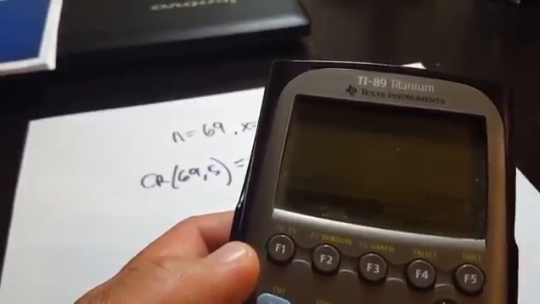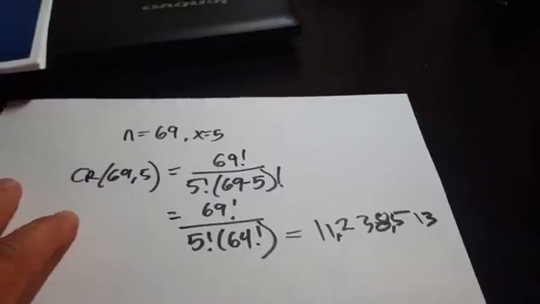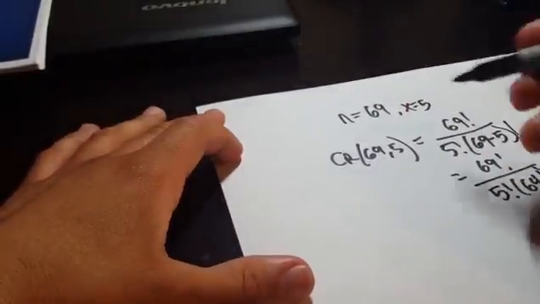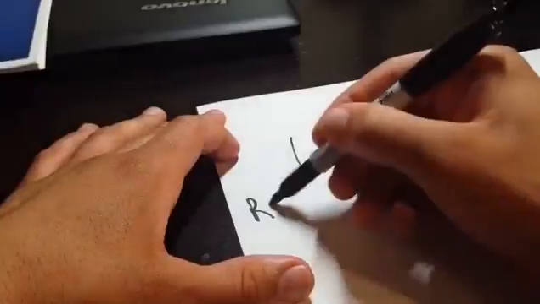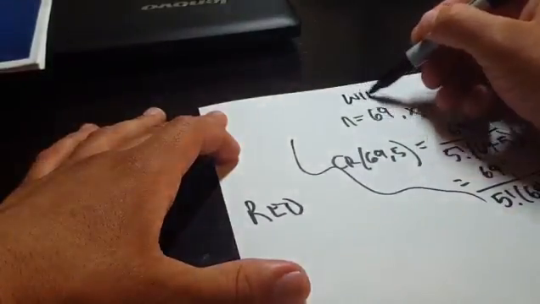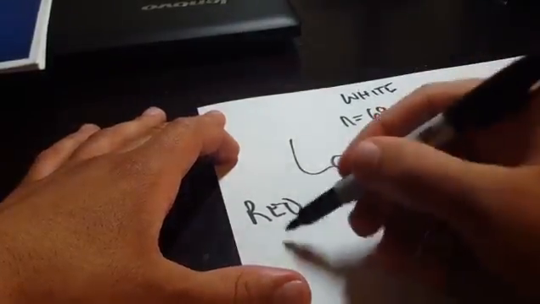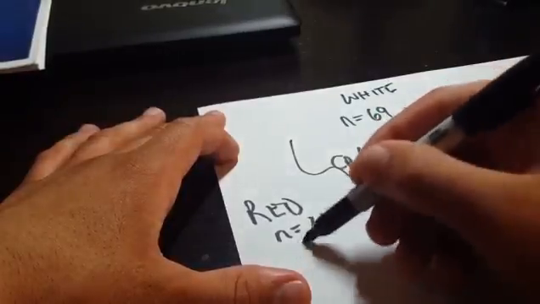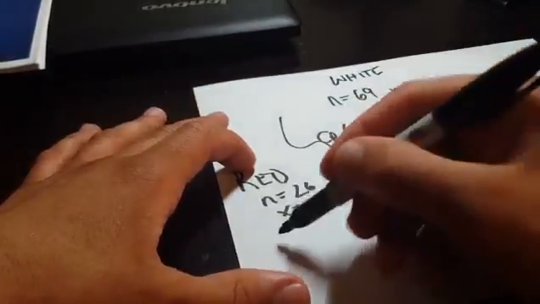Now we also got to take into account the Powerball, right? So with the red, we're going to have n is equal to 26, x is equal to 1. This is going to be kind of simple, right?